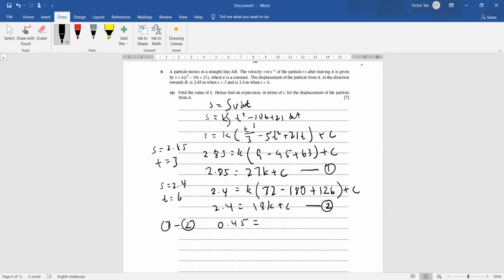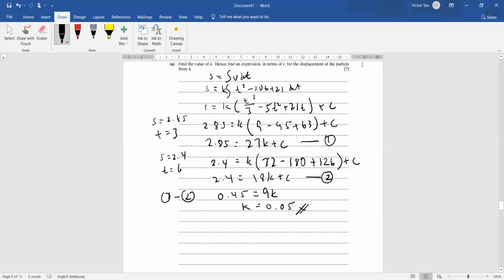Equation 1 minus equation 2 gives 0.45 equals 9K, so K equals 0.05. So we have found K. Substituting into equation 2, 2.4 equals 18 times 0.05 plus C, so C is 1.5.